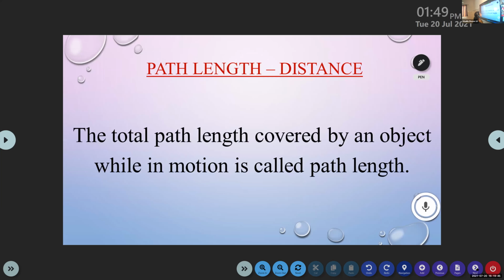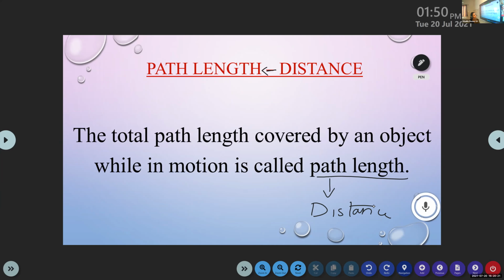So let us see the definition for distance. The distance is also known as path length. The total path length covered by an object while in motion is called path length, or it is also known as distance. So whenever we are calculating the distance, we need to consider the entire path covered by the object.